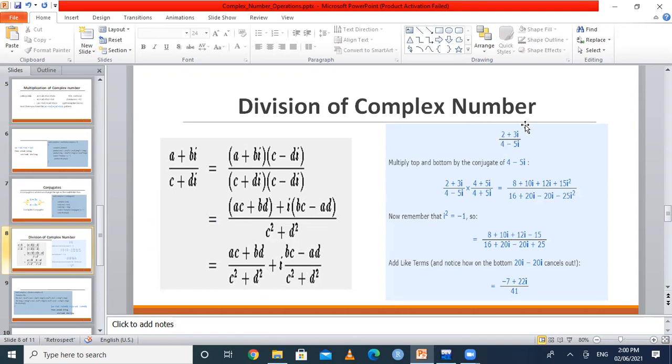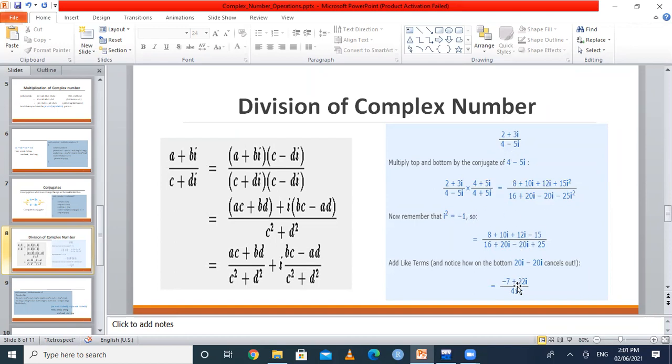So for example, here these are two complex number. So what we will do, we will multiply by the complex conjugate of the denominator, which means 4 minus 5i, and the complex conjugate of that is 4 plus 5i. So you have to multiply in the numerator as well as the denominator. And now we will go for element wise multiplication. Here this plus 20i and minus 20i get cancelled, and the value of I square equals minus 1.